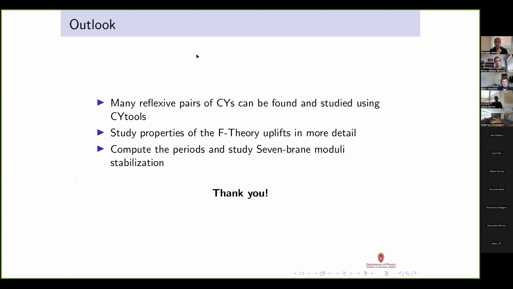If you wanted to study the F theory seven-brane moduli stabilization problem, you of course want to start with situations where there are few seven-brane moduli. That means few complex structure moduli in your Calabi-Yau fourfold. But this means you will have a lot of Kähler moduli in your fourfold. And these are precisely the models that were previously very difficult to understand in F theory. So especially for this moduli stabilization problem, having this formalism available is very important. I see. Okay, thank you.